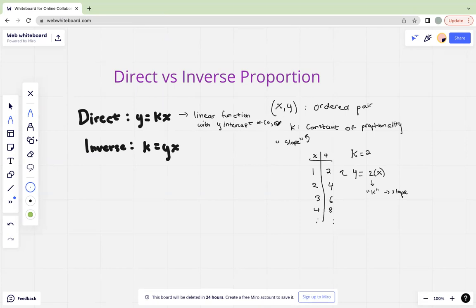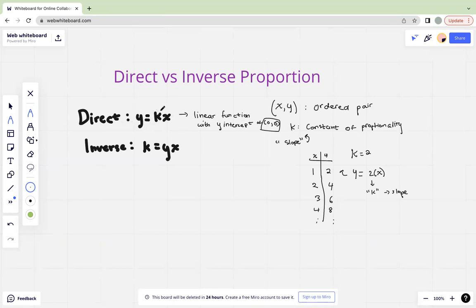So this is key. And let's get into defining it. What this is basically saying is that x times k will always give you y. That's essentially what's happening here.